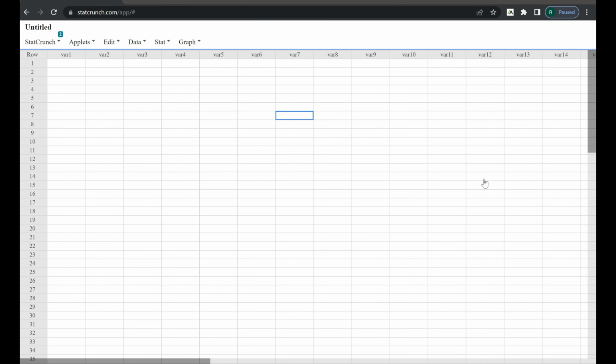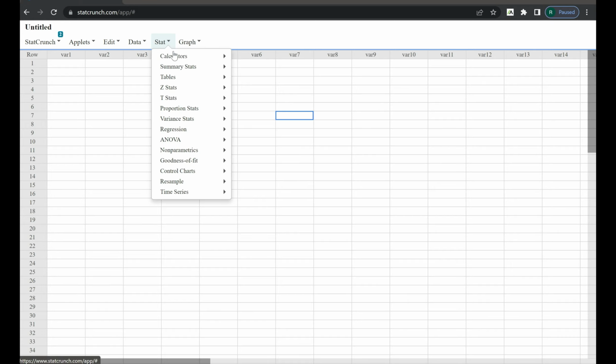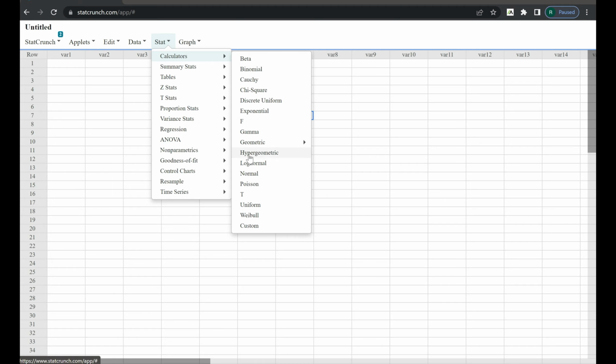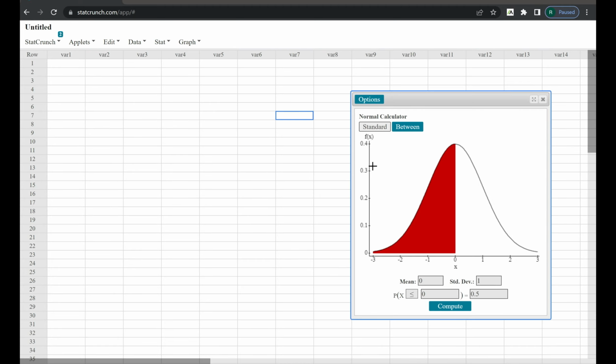So I've switched to my StatCrunch, and I'm going to use the technology to find the critical value, which is the Z asterisk in our formula, for a 95% confidence interval. So I'll go to Stat, Calculators, and then down to Normal. Click that, and this is what appears.